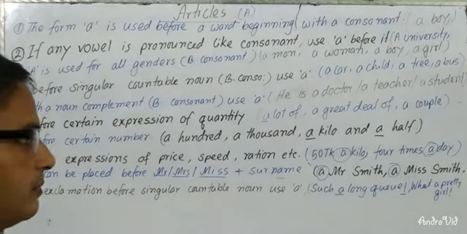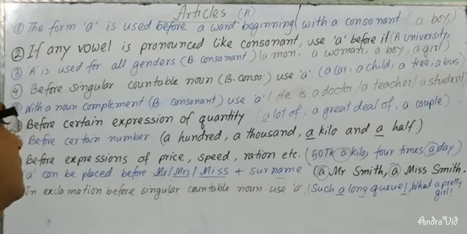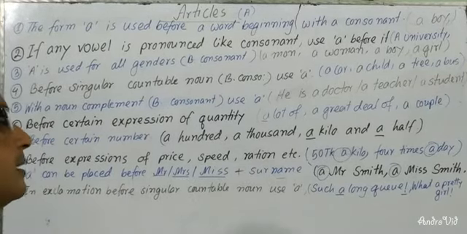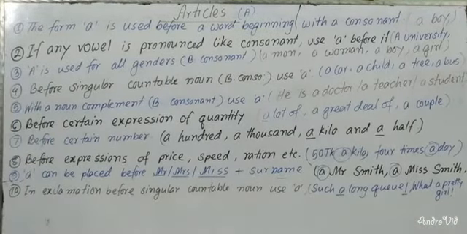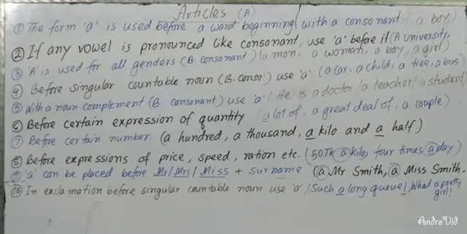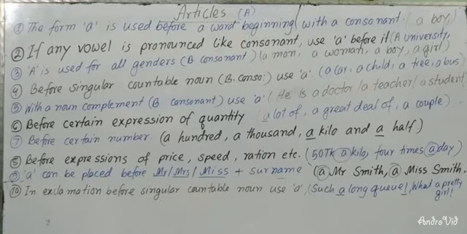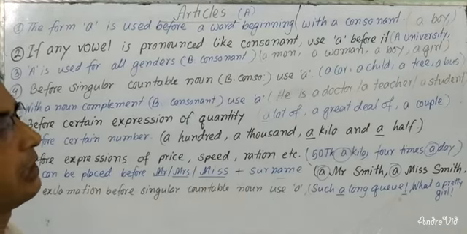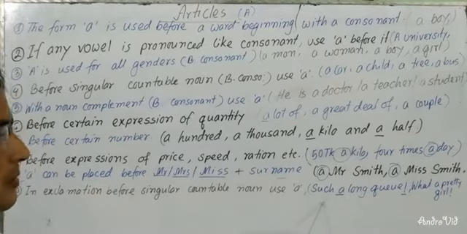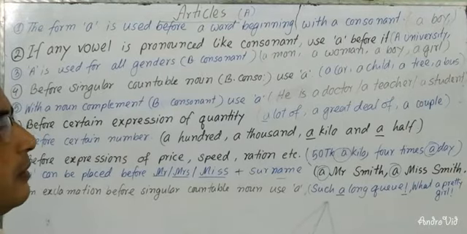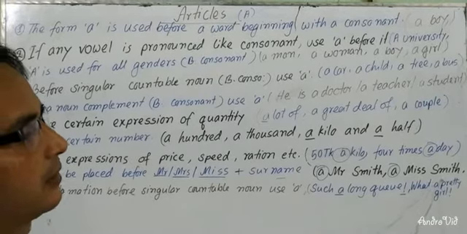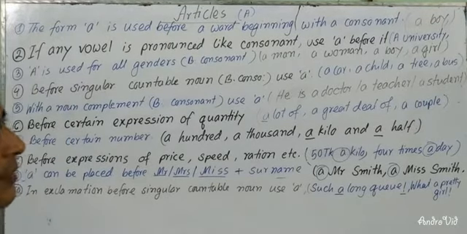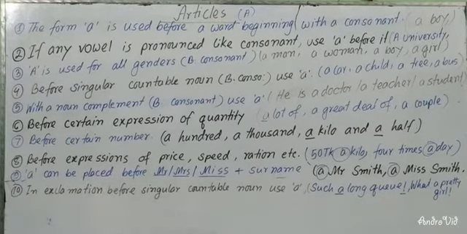If you use this type of surname with Mr., Mrs. or Miss, before this we will have to use a. Number 10, in exclamations before a singular countable noun, use a, such as what a pretty girl. A is an article. So at that time we can use article a.